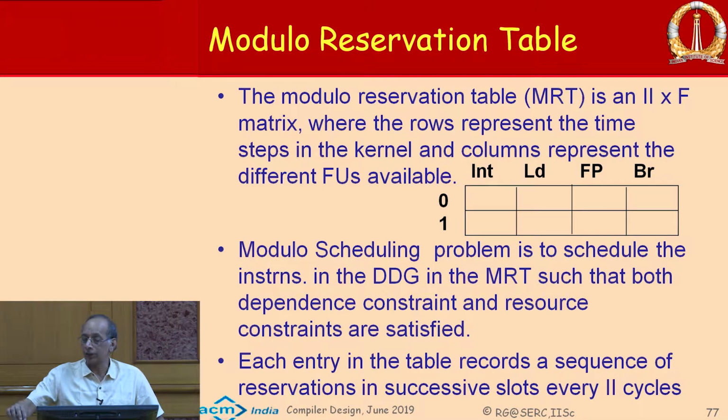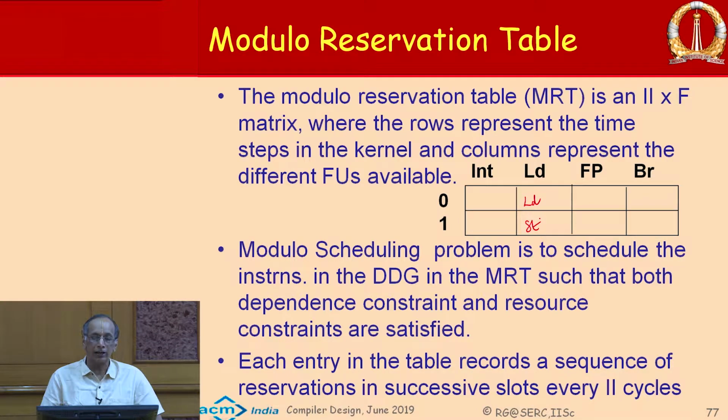So, for example, let us say the load instruction was scheduled at time step 0. Then we will say that in the modulo reservation table, load is scheduled at time step 0. Let us say the store was scheduled at time step 5. Store is also a load store operation, and time step 5 is 5 mod 2, which is 1.